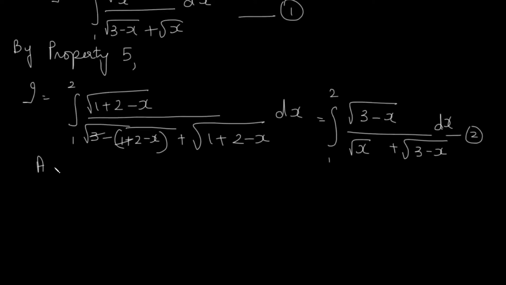So just like we did in the previous sum, we add 1 and 2. So adding 1 and 2, we get 2I is equal to integral 1 to 2. The question, which is in this case, let me see the question once again.